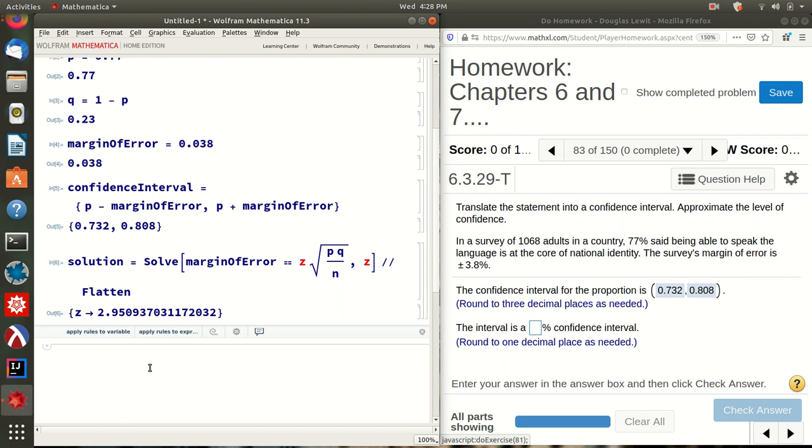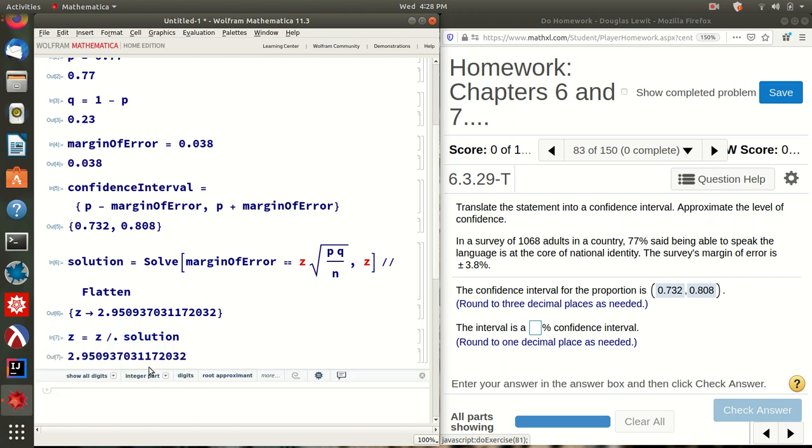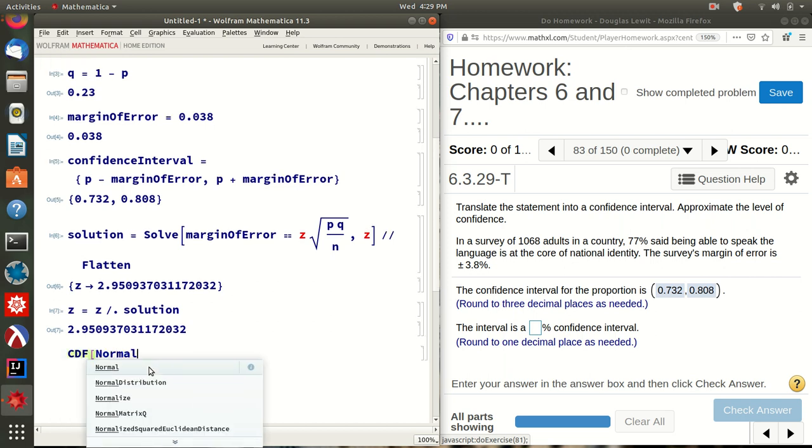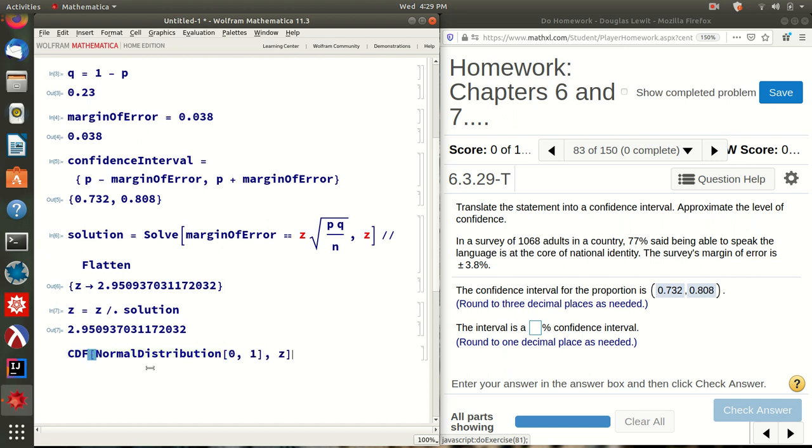So what I'm going to do is define a variable Z. Z is equal to z as it's defined in my solution. So Z is equal to 2.95. And the next is very simple. CDF, normal distribution, 0, 1, positive Z, minus CDF, normal distribution, 0, 1, negative Z. I'm sorry, negative Z, not negative 1.